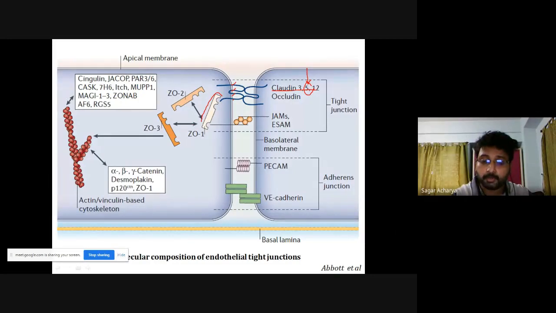If you look into the amino acid residues, you can find the domain here, and the domain is in the first extracellular loop only. In the first extracellular loop, you see the linking between 2 extracellular loops of 2 claudin proteins, which is very important to the formation of a physical barrier.